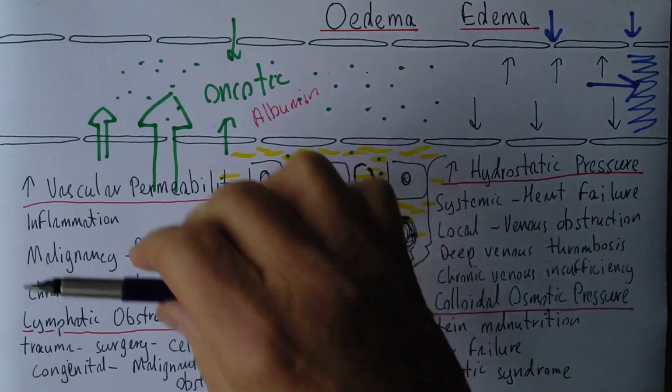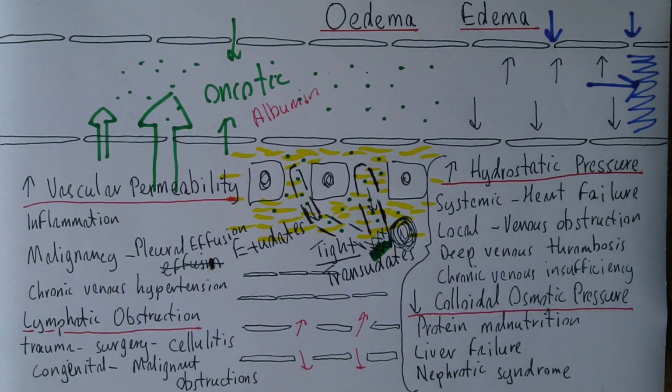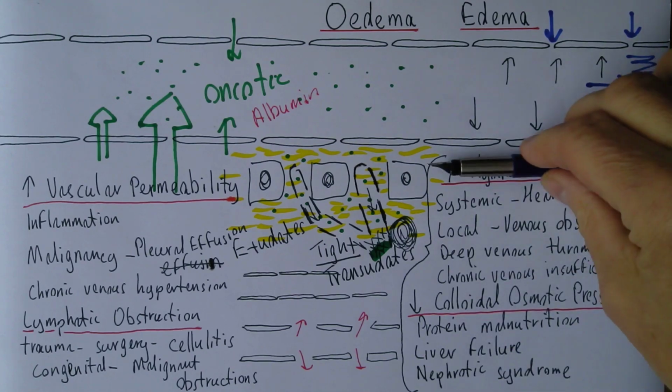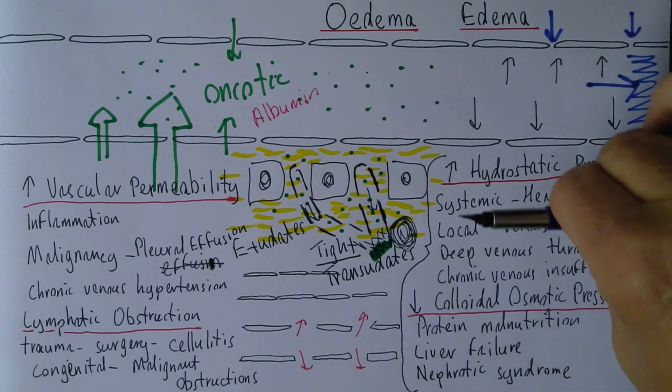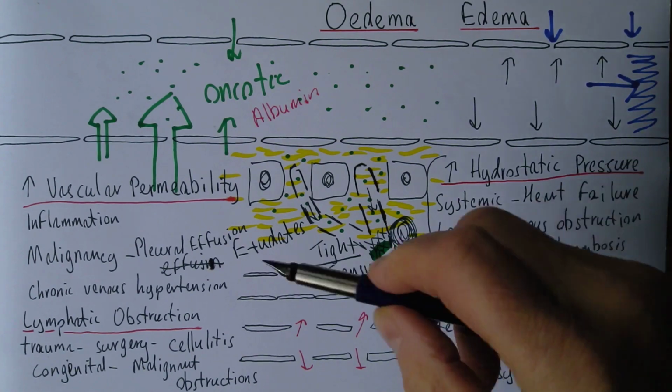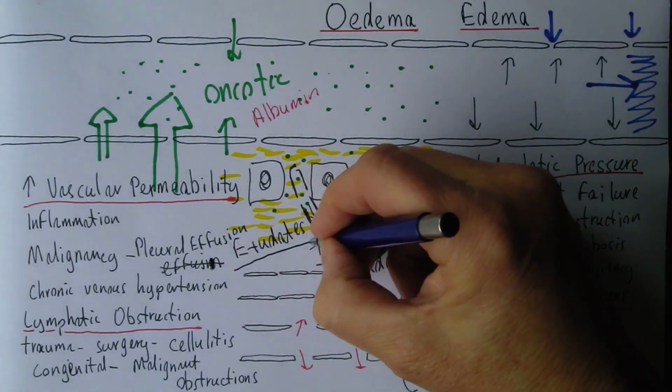So these are exudates. Now, I realise it might be a bit confusing, so what I want to do is just clarify the difference between the transudates caused by the increased hydrostatic pressure and the reduced colloidal osmotic pressure, as opposed to the exudates. I mean, they're both edemas.